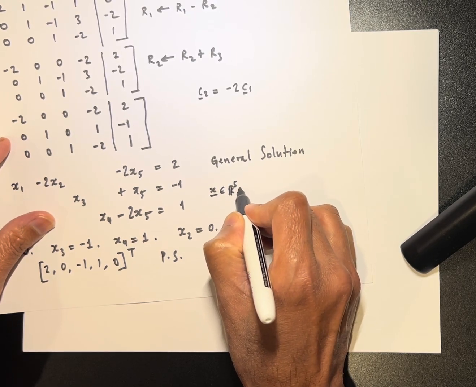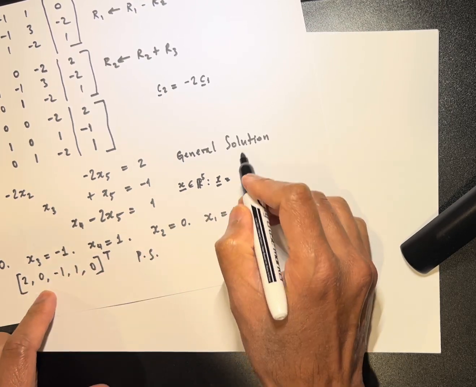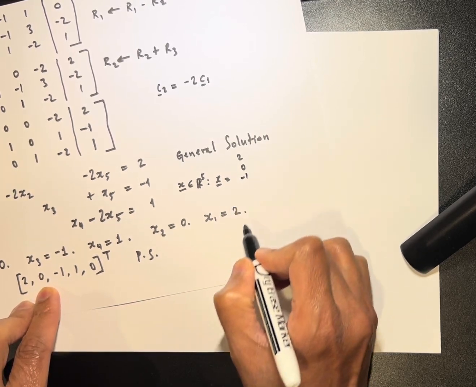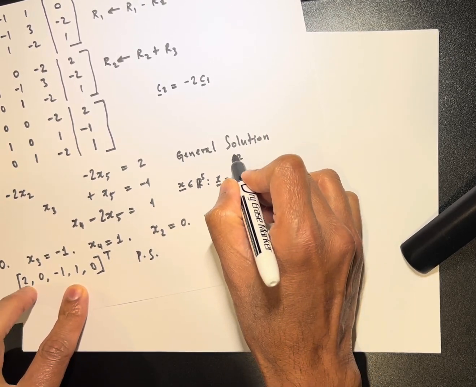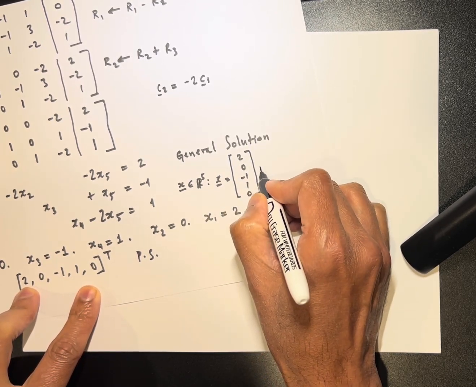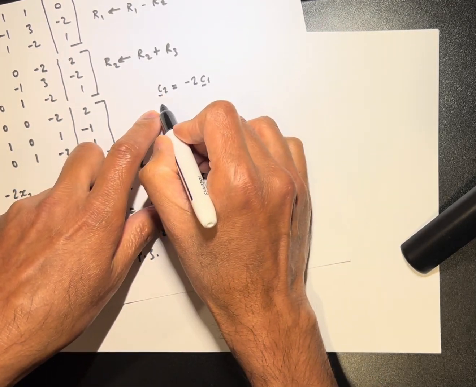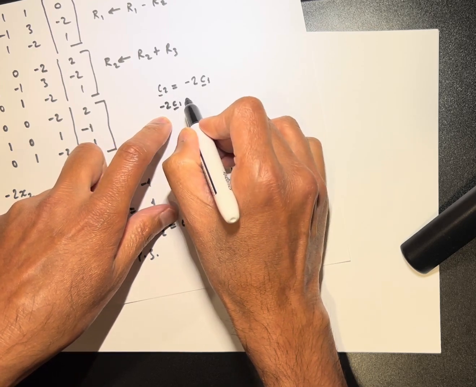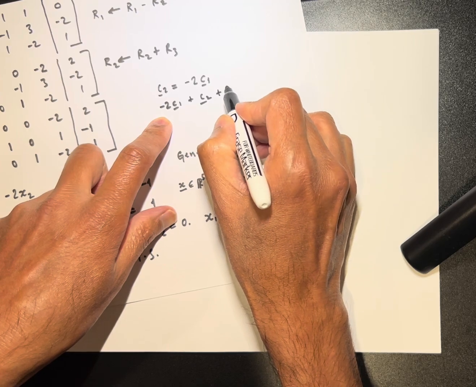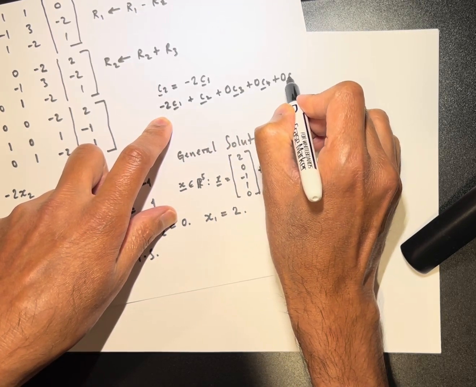This is going to be 5 elements, such that x equals this guy 2, 0, -1, 1, 0 plus this is nothing but -2 c1, I'm taking it to the left hand side, plus c2, and then everything else is 0 c3 plus 0 c4 plus 0 c5 equal to 0.